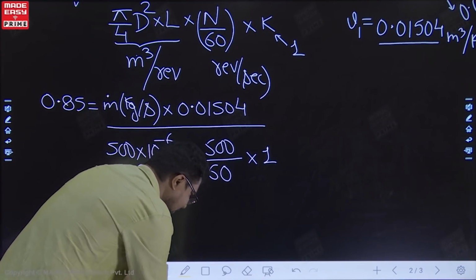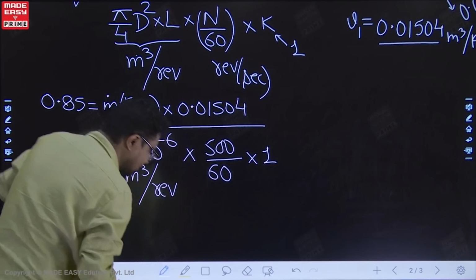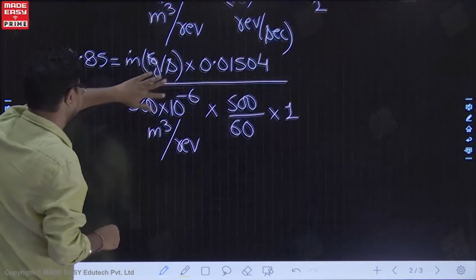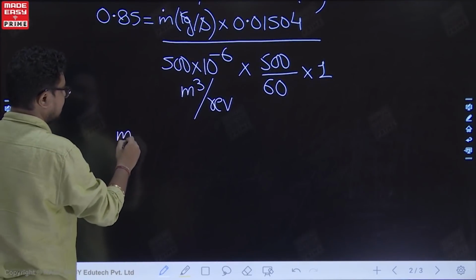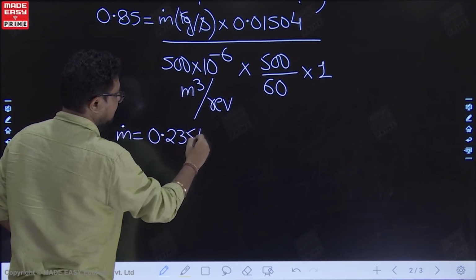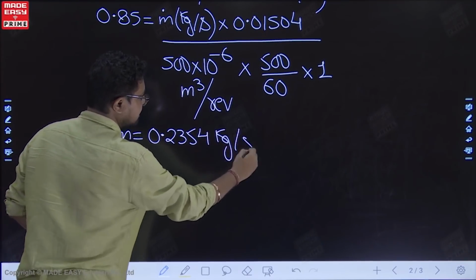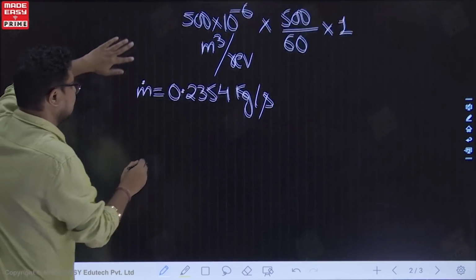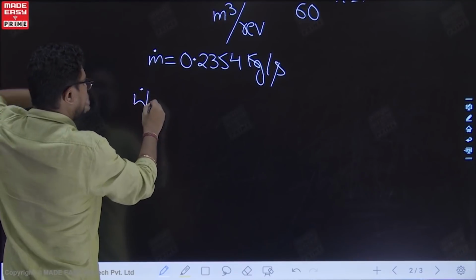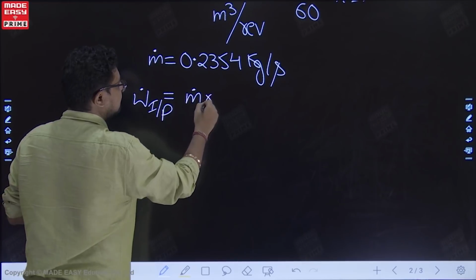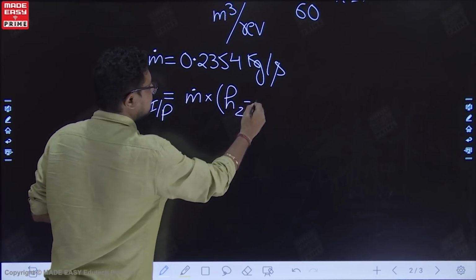I will write the values directly. The mass flow rate comes out to be 0.2354 kilogram per second. Now we can write the power input: this is the mass flow rate into H2 minus H1.